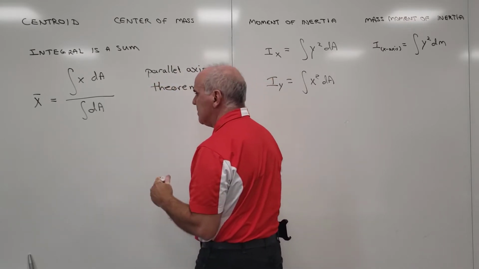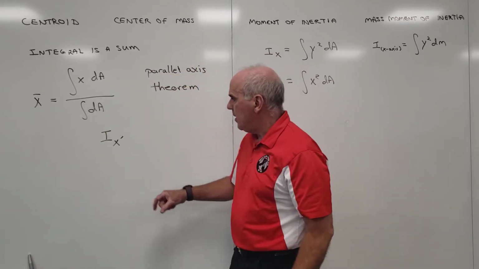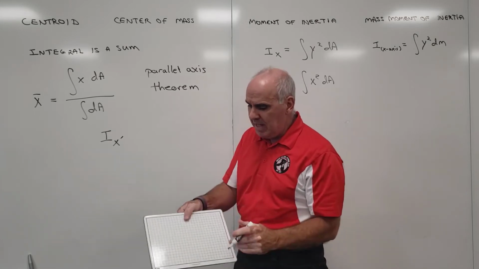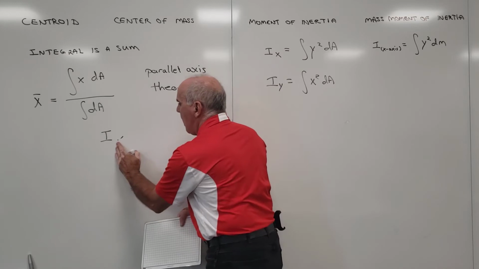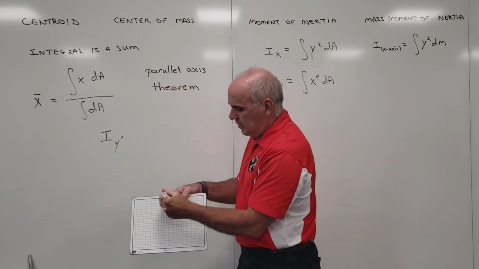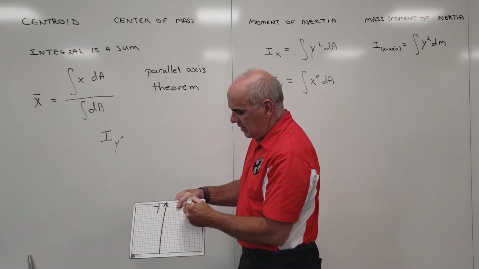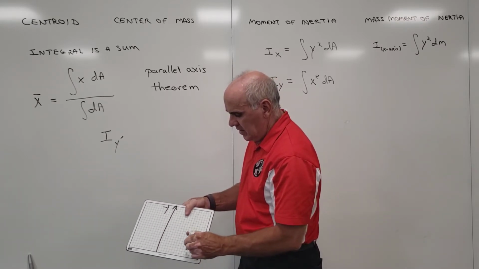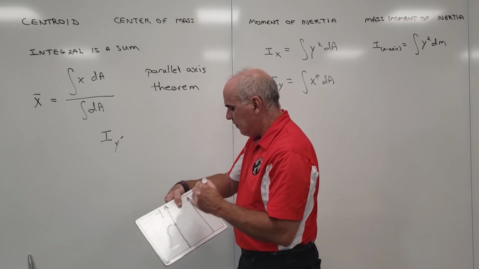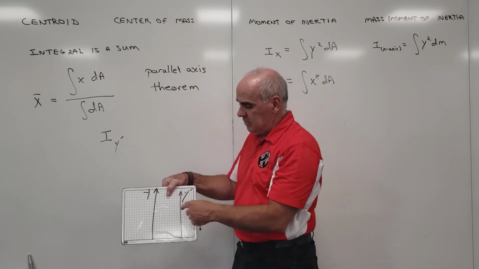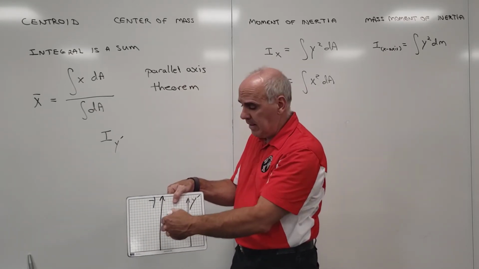The parallel axis theorem says if I choose an axis which is not through the centroid, I'll call it y prime. Here's the y-axis through the centroid, and then maybe I choose an axis over here and call it y prime. The parallel axis theorem says that axis has to be parallel to this one, so the two axes have to be parallel.